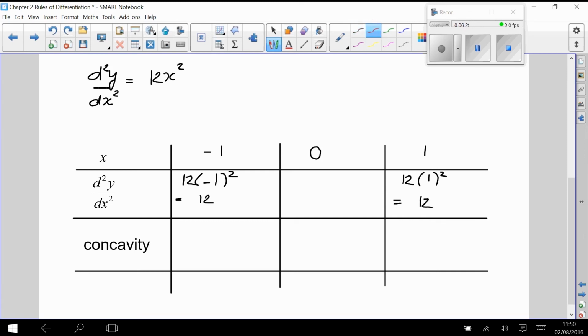Now remember, we're testing concavity, and I said that if that point (0, minus 2) was a point of inflection, then the concavity had to change. Well, on the left of that point, I'm concave up, and on the right of that point, I'm also concave up. So in fact, although that point (0, minus 2) is a point on my curve, it is not a point of inflection.